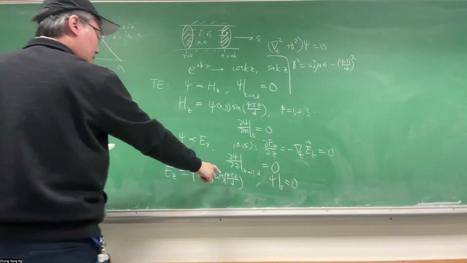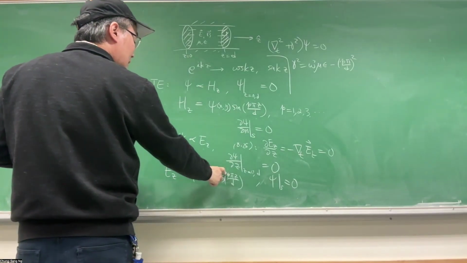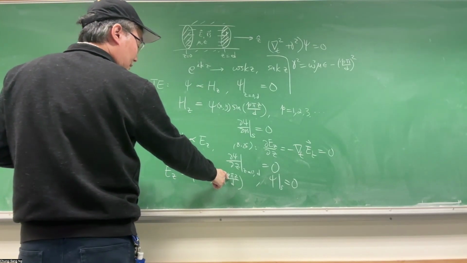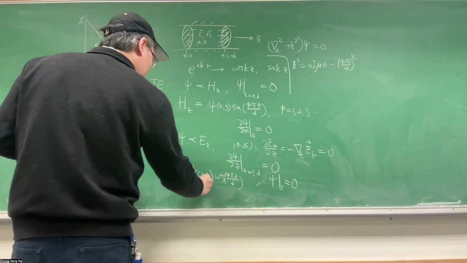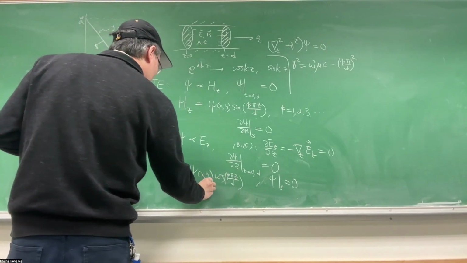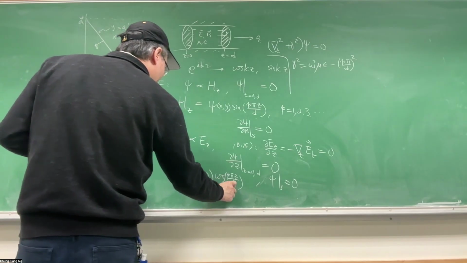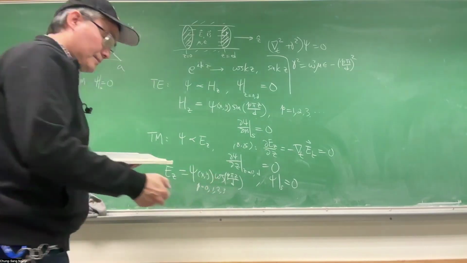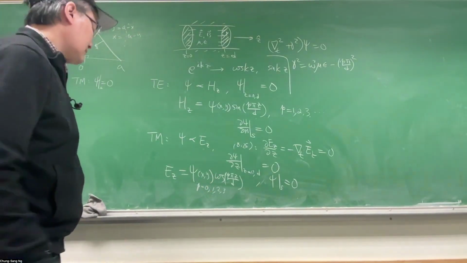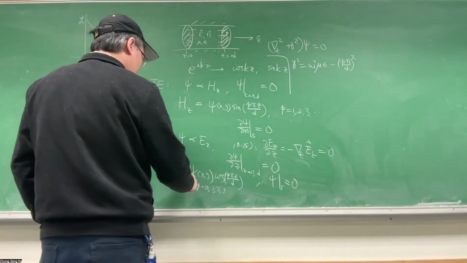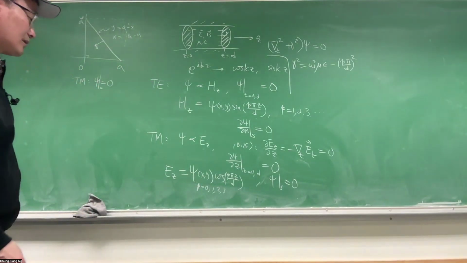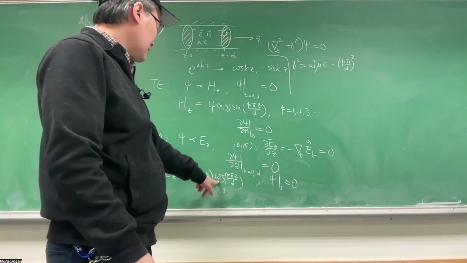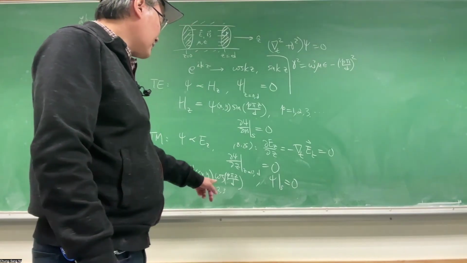We haven't set the limit of p, but this is a cosine, so it allows p to be 0. So p can be 0, 1, 2, 3. When p equals 0, obviously this is just 1. So Ez is just psi times x y, but it's still non-zero. So p equals 0 is allowed.